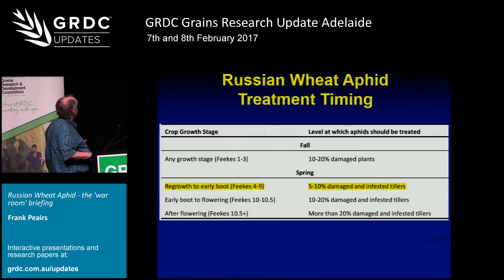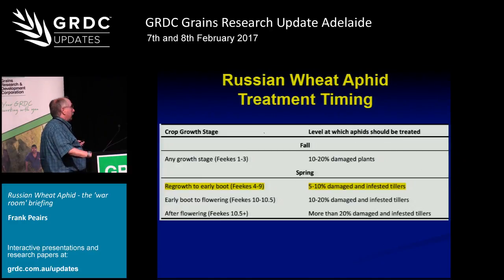I wanted to just mention crop growth stages and when to treat. This is an older threshold, but the point to make here is that the period between regrowth, remember this is winter wheat, so this would be approximately the tiller stage through early boot, is the most susceptible time to Russian wheat aphid.